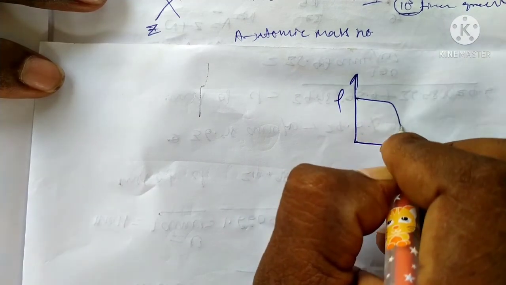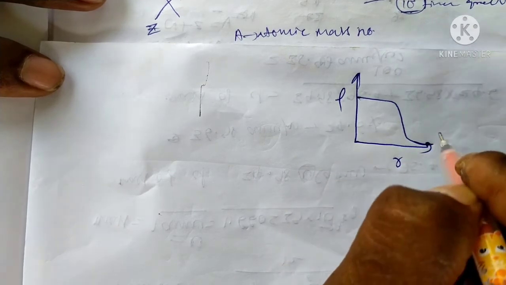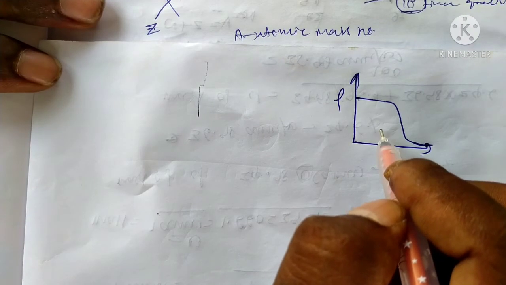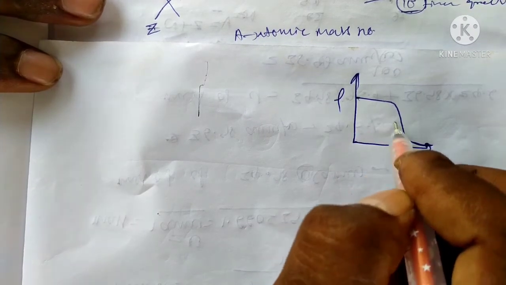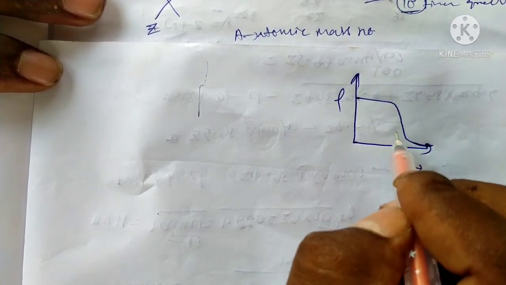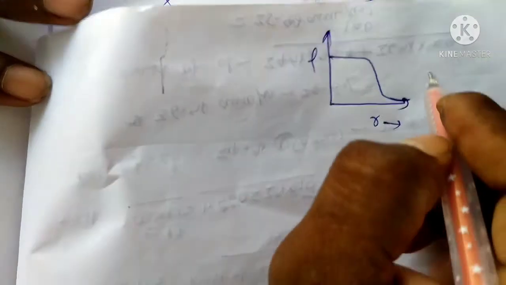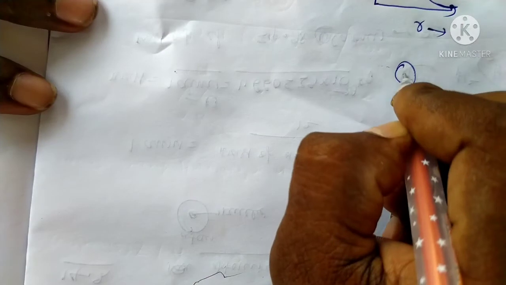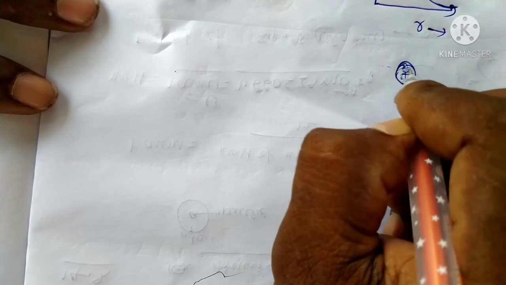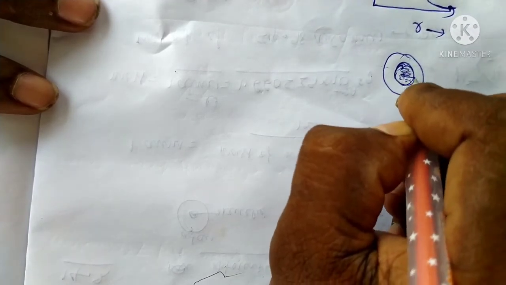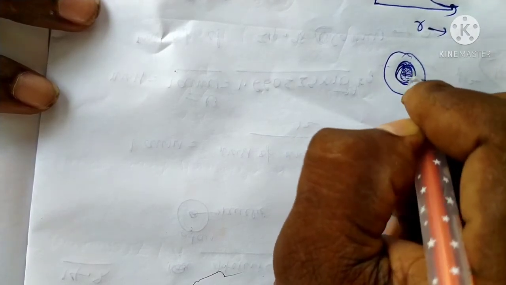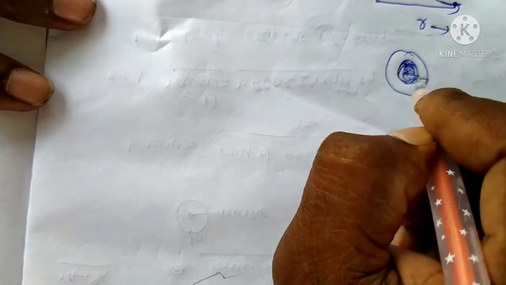As the distance increases, R increases and density decreases. The nucleus has protons and neutrons; at a certain distance there is attraction force at the center, and repulsion force from the outside.